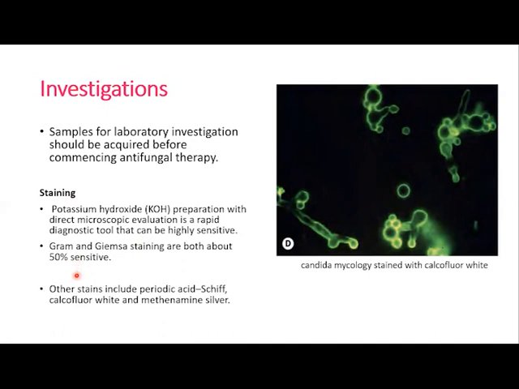Gram and Giemsa staining are both about 50% sensitive. Other stains include periodic acid-Schiff, calcofluor white, and Gomori methenamine silver. Here we can see a microscopic image of Candida with calcofluor white staining.